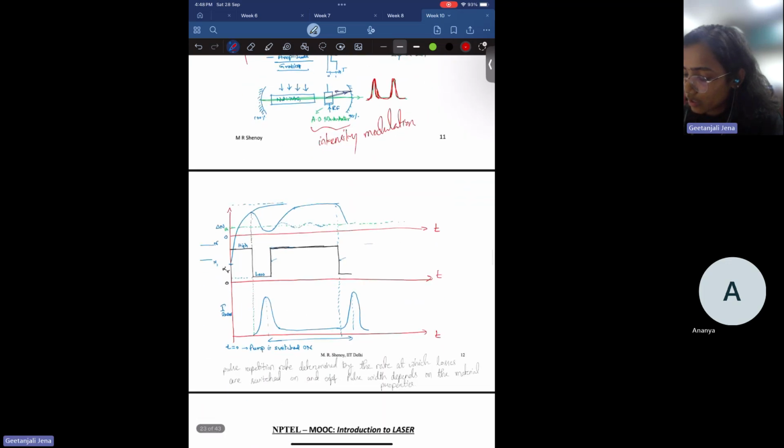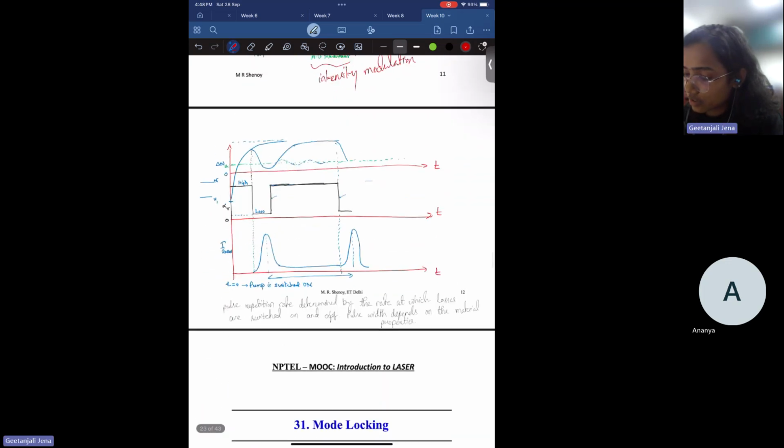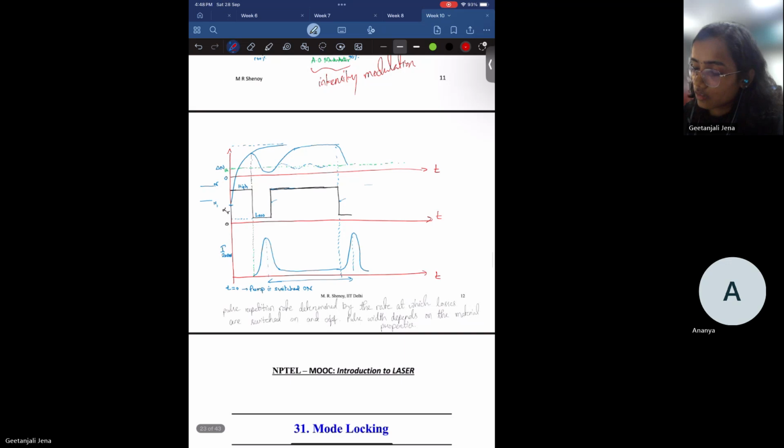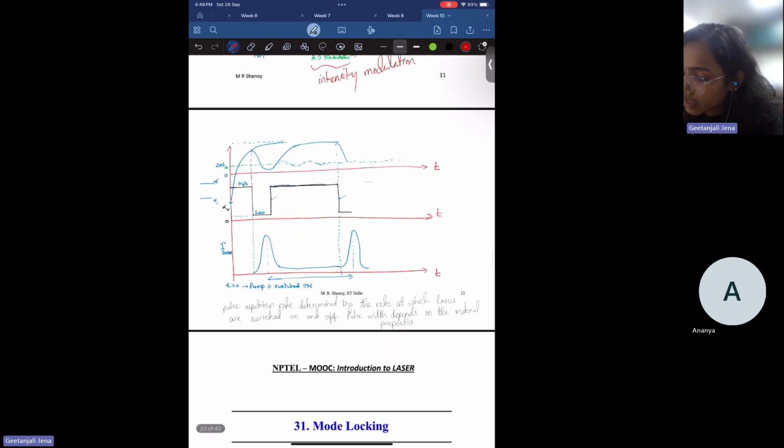So now let us move to our next section. I think this is the schematic of what happens during switching on the modulator or switching off the modulator, or switching on the pump or switching off the pump. This you already know. This is the variation of population inversion over time when you don't have any feedback.